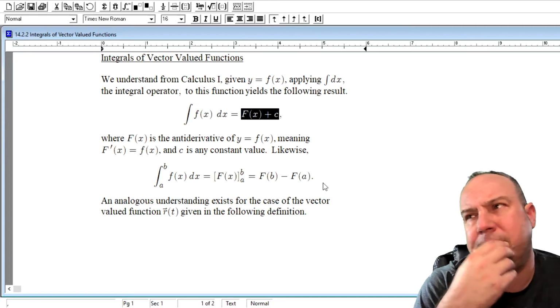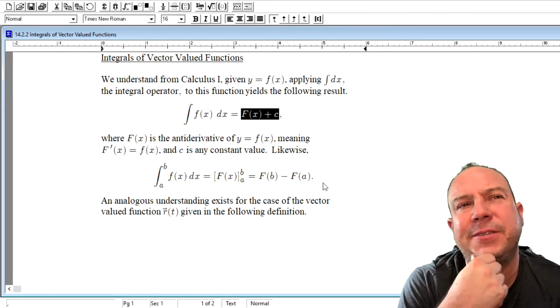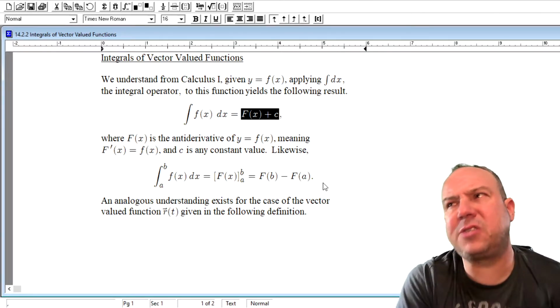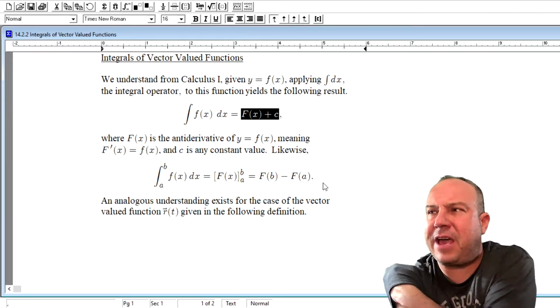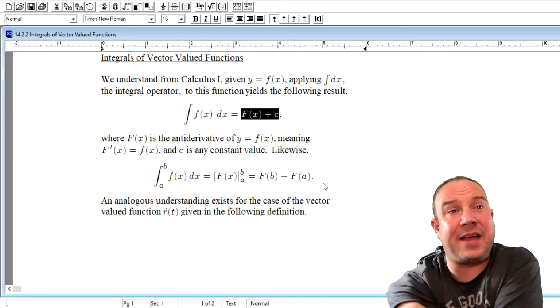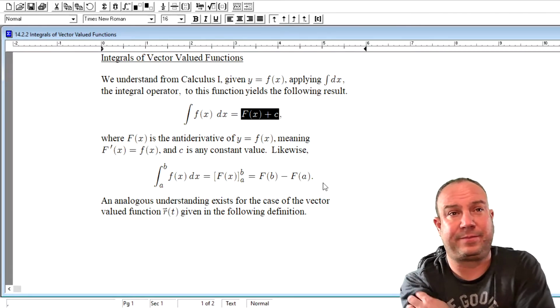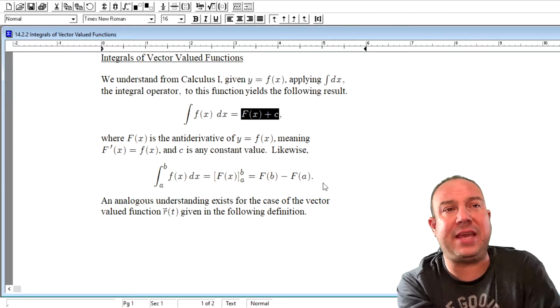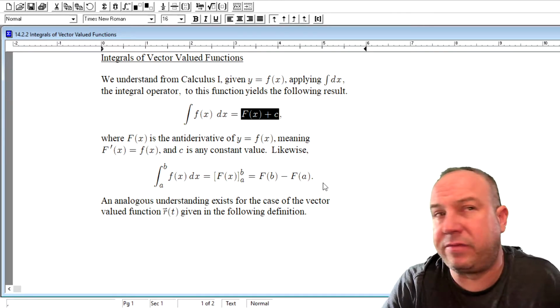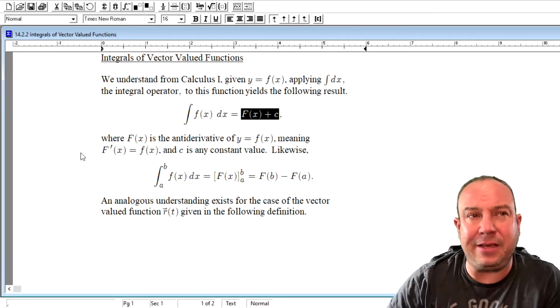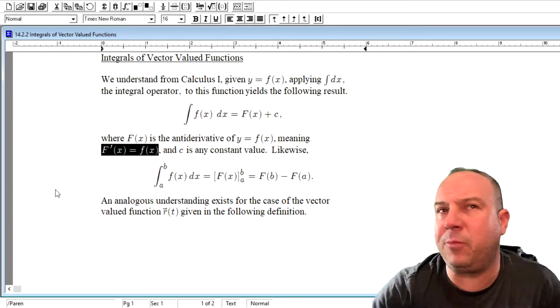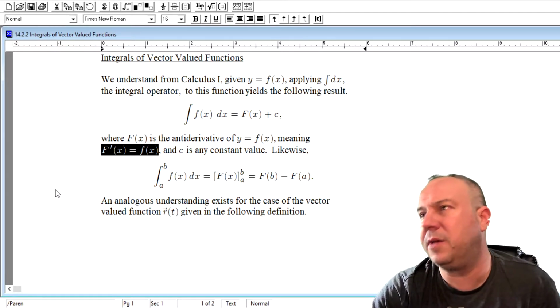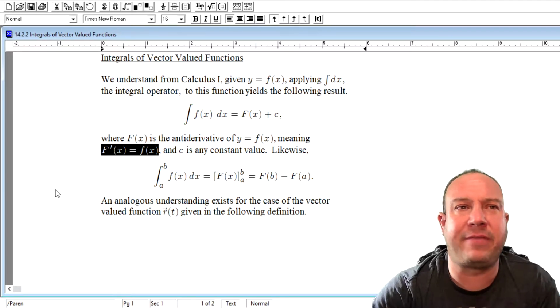That's why we call it big F of x in the notation. How it's related is that little f of x is what we say is its derivative, meaning big F of x is the antiderivative of little f of x, meaning that when you take its first derivative, you will obtain the function little f of x.